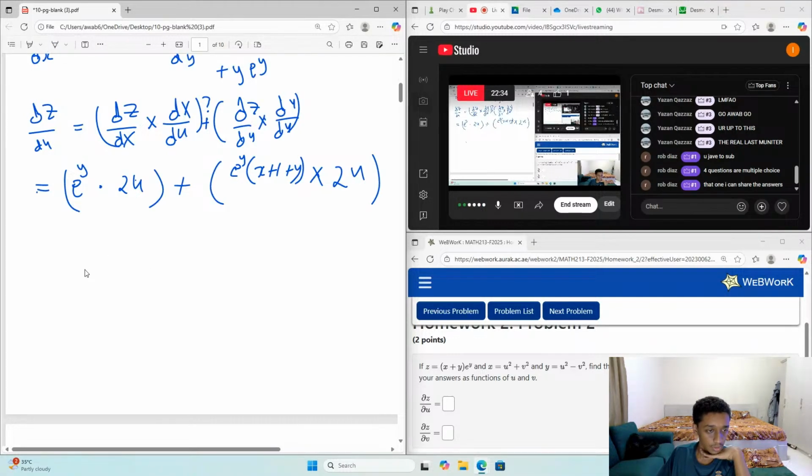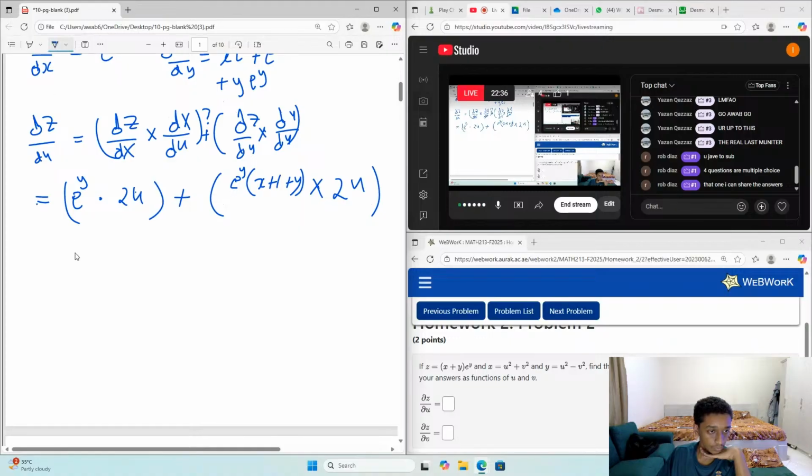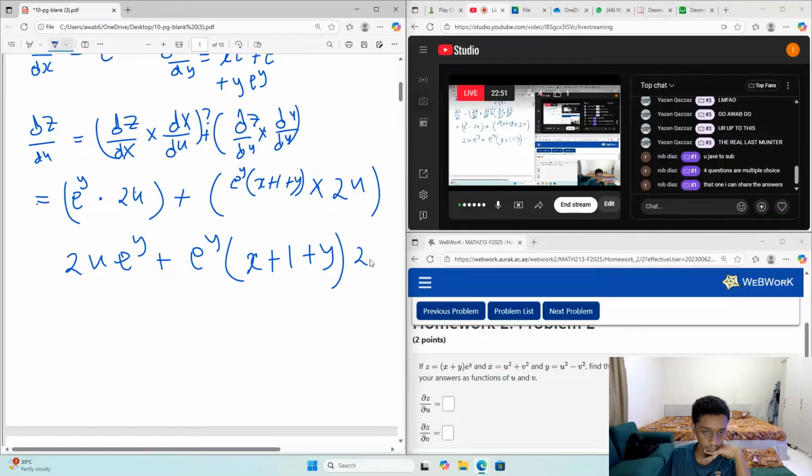So it's 2u e raised to the y plus e raised to y x plus 1 plus y times 2u. So I can take 2u e raised to y as a common factor. Now it's 1. 1 plus 1 is 2, so x plus y plus 2, x plus y plus 2.